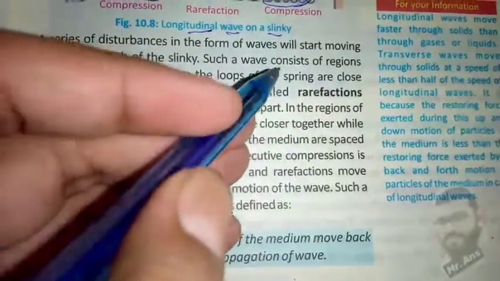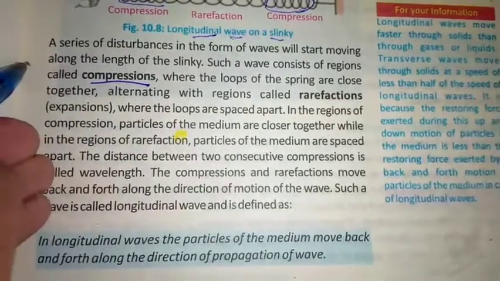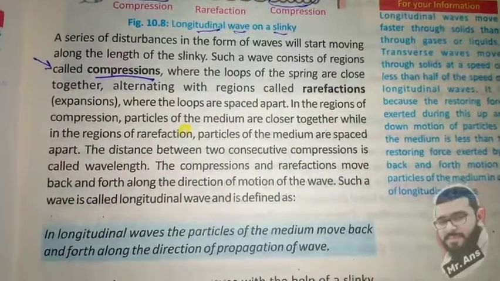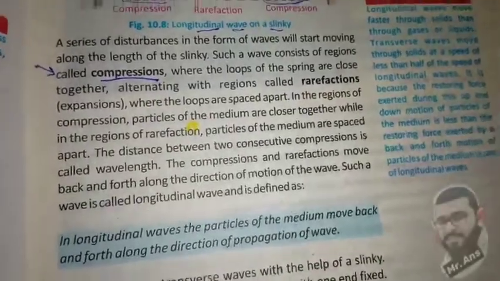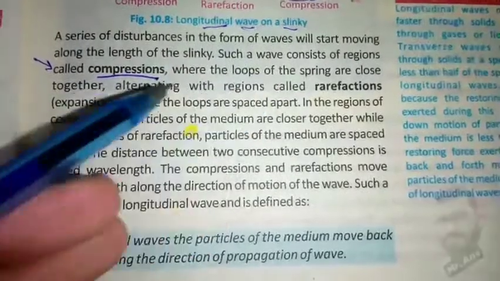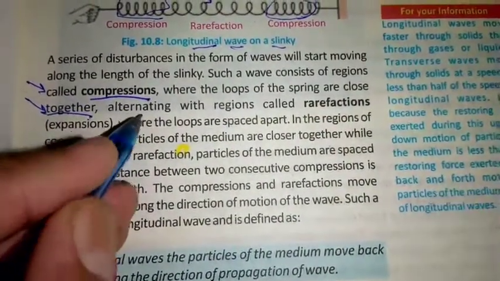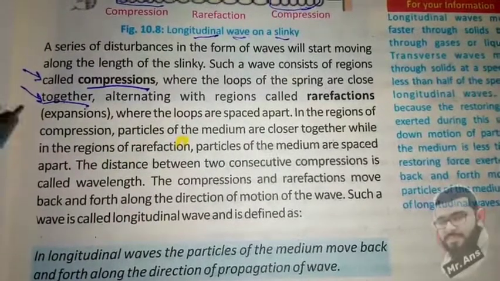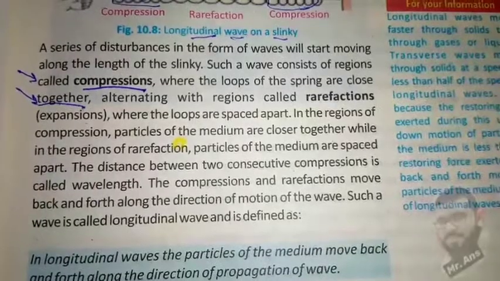Such a wave consists of regions called compressions, where the loops of the spring are close together, alternating with regions called rarefactions, where the loops are spaced apart.